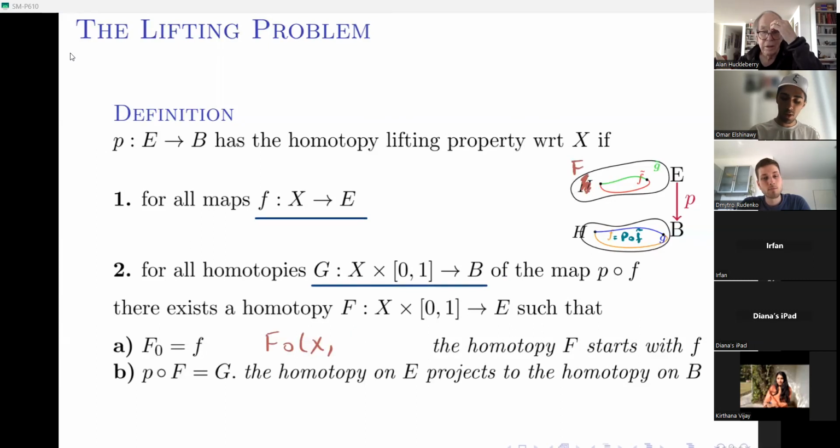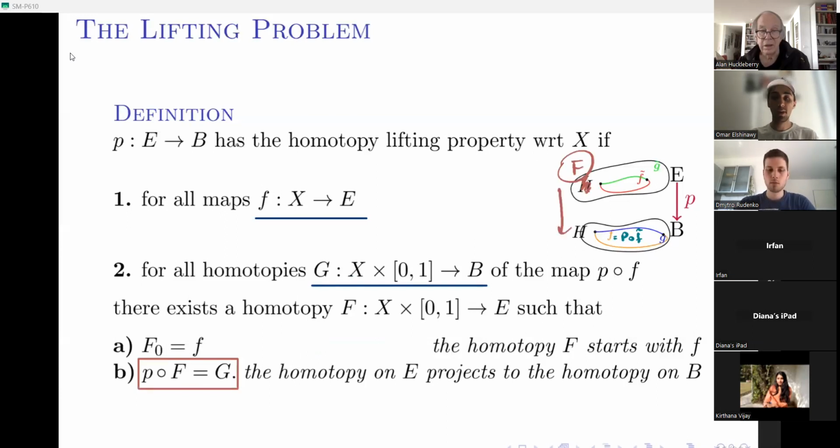And at the start of the homotopy, you want to have this F in your statement, and then another thing you could look at: you project the homotopy that you just found, and you push it downwards. So you project it by the map P. And when you project it, you get the second homotopy, which in this case is going to be G. Now the drawing is just an illustration.